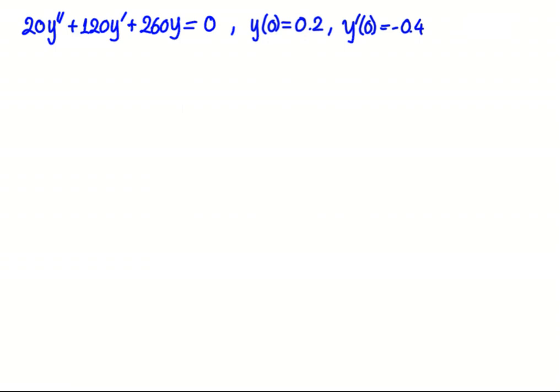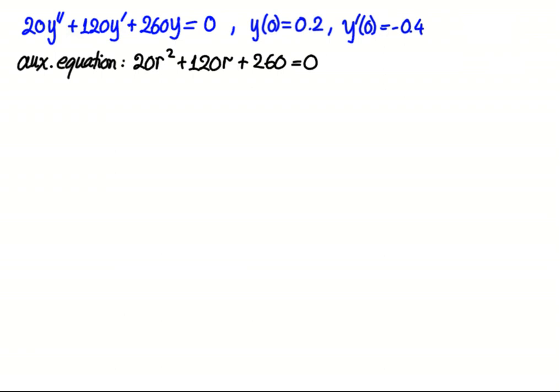It is a homogeneous equation, so we just have the auxiliary equation. By the way, I will divide everything by 20. 20r squared plus 120r plus 260 equal to 0. Divide everything by 20: r squared plus 6r plus 13 equal to 0. It does not come out nice and even, so we have to use the quadratic formula.